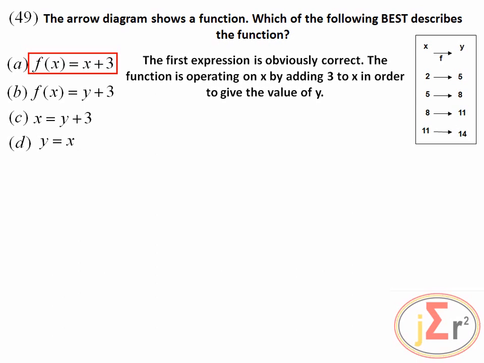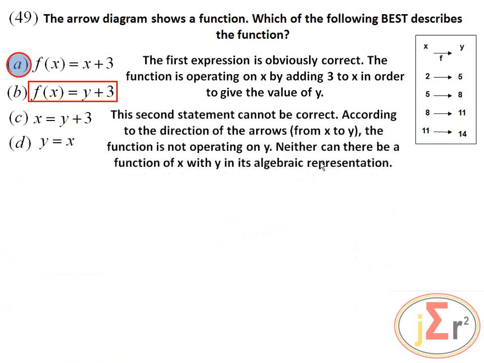The function is operating on x by adding 3 to x in order to give the value of y. f(x) = x + 3. We add 3 to the value of x and we get the value of y. And I'm saying that it is obviously correct. Let us add 3 to this, we get 5, and so on. Option A is correct.